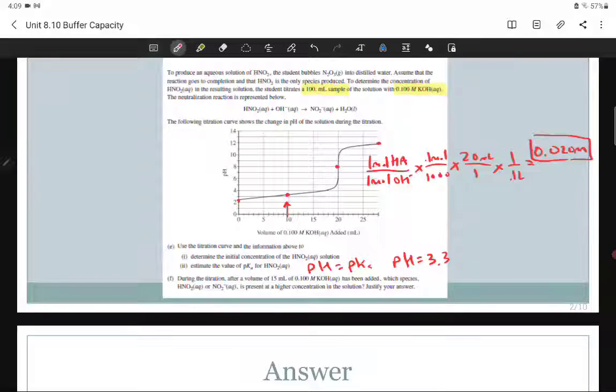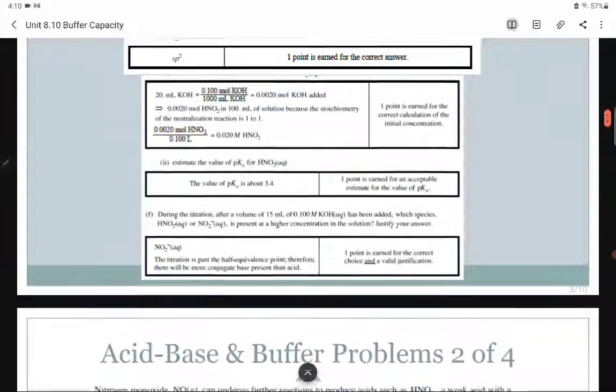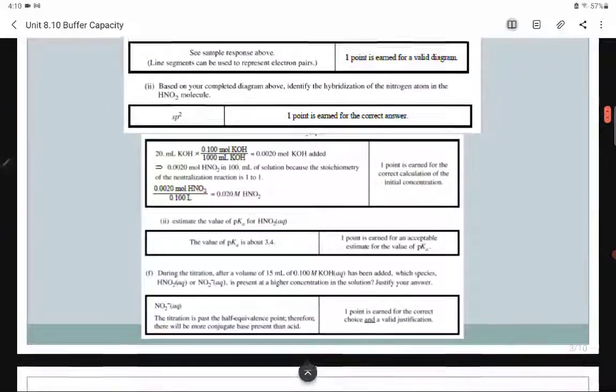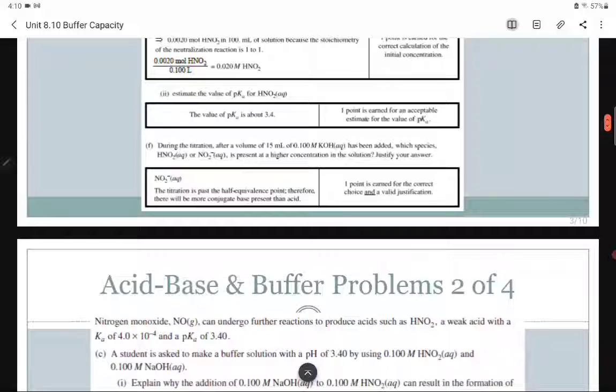Before that, you're going to have more of that initial compound, and then after that, you're going to have more of the product, in this case NO2 minus. So I think we might have just answered that question. Here's all the work. You guys can check that out on your own. They said 3.4, I said 3.3. Okay.